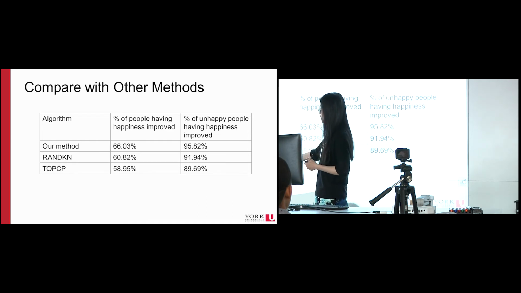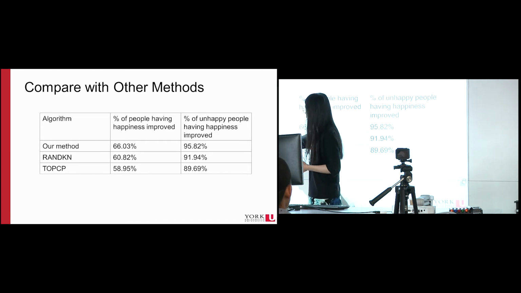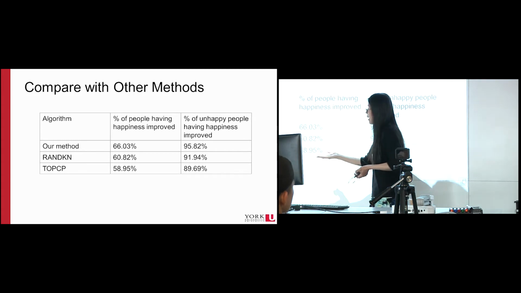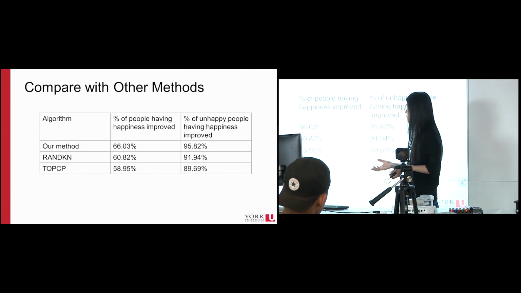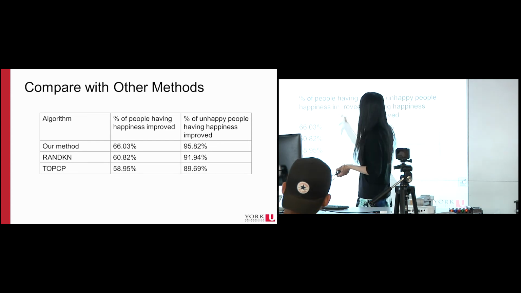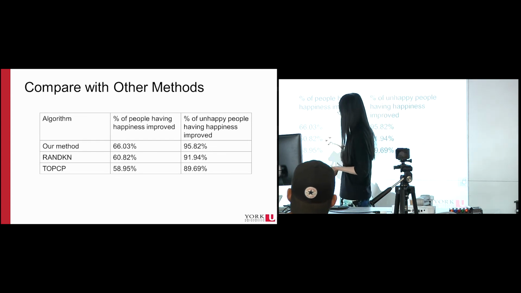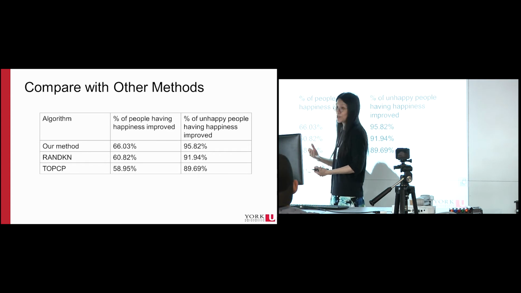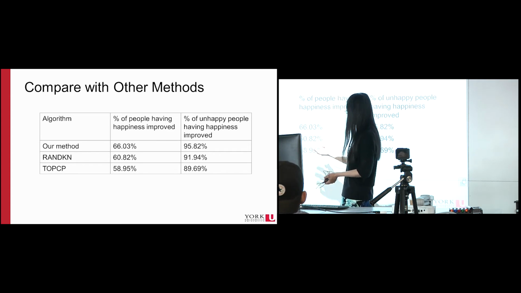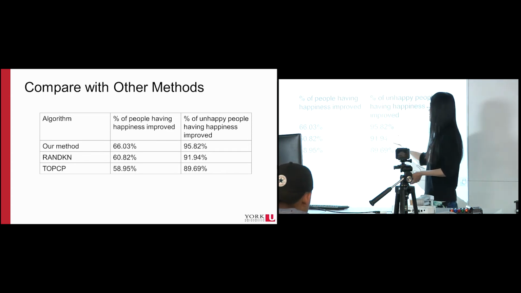All these measures are based on contrast pattern mining. In this one we randomly pick some contrast patterns instead of using the KNN method. This is the percentage of people with happiness improved, 60%, our method 66%. And in this one we choose the contrast patterns with the top contrast ratio, which has a lower percentage than our method.